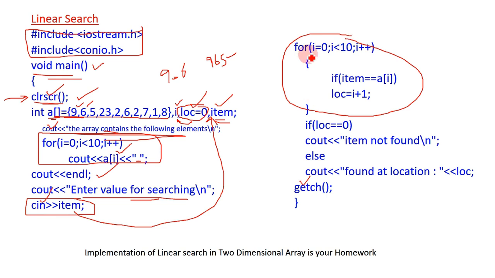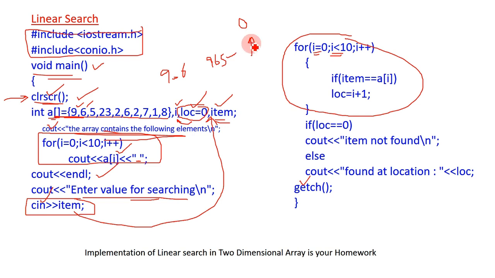So first we will assign I, for I equal to 0 to I less than 10. Why starting the index from 0? Because in C++ the array index starts from 0. So the 0th location shows that this is the first location.